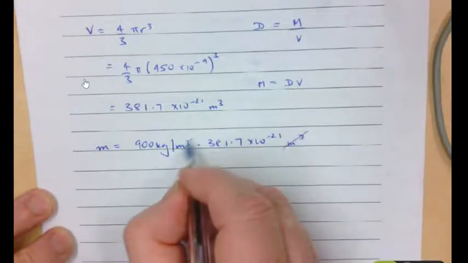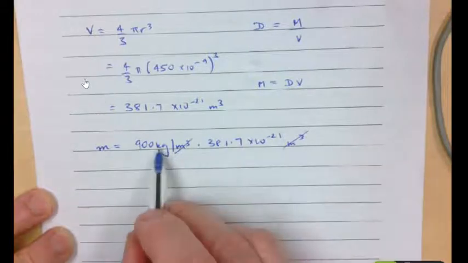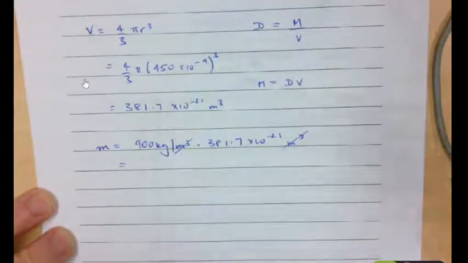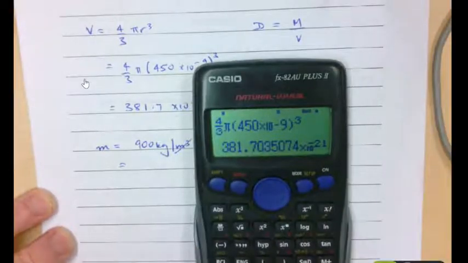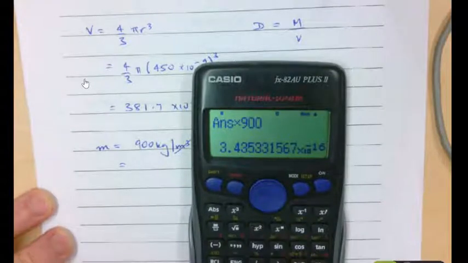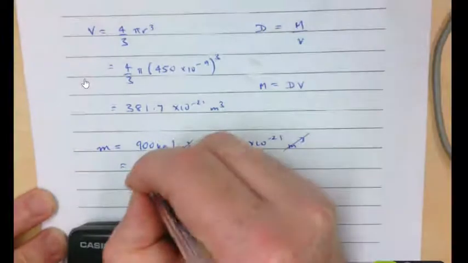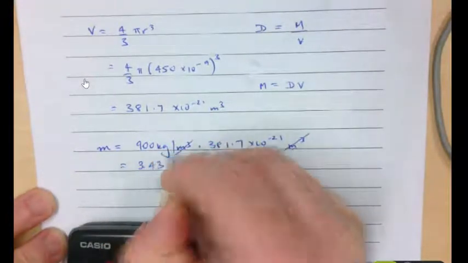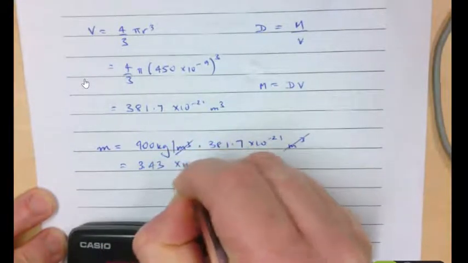That per meter cubed and that one will cancel, and we simply multiply this number here by 900. And that gives us 3.43 times 10 to the minus 16.